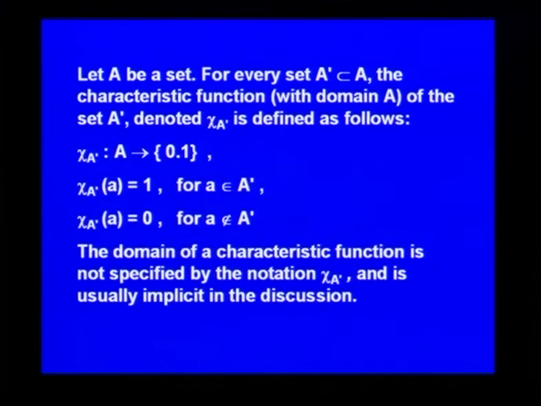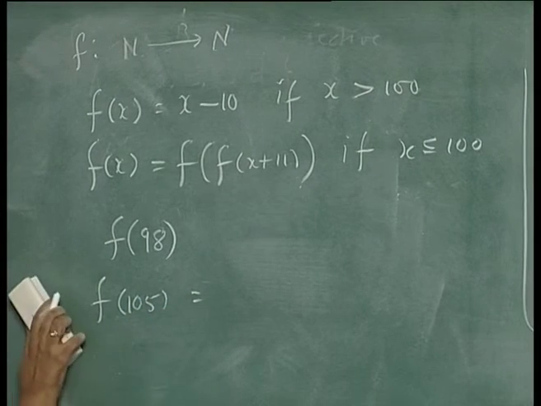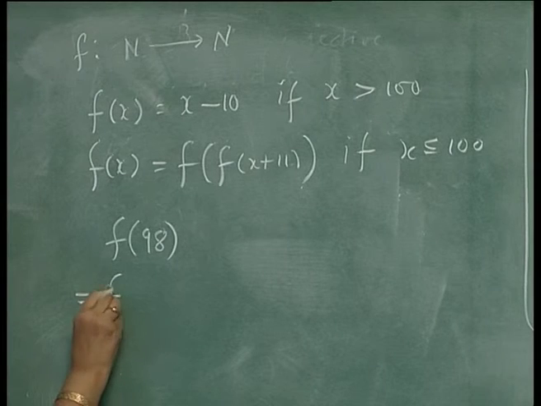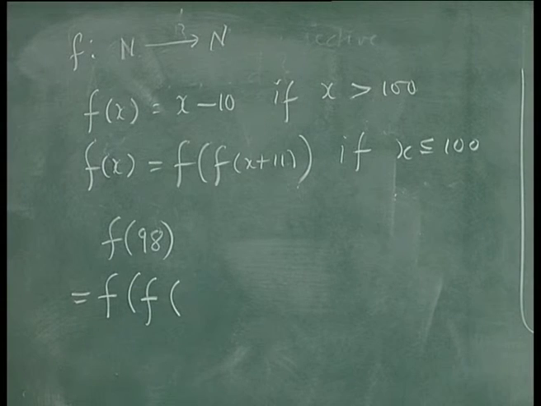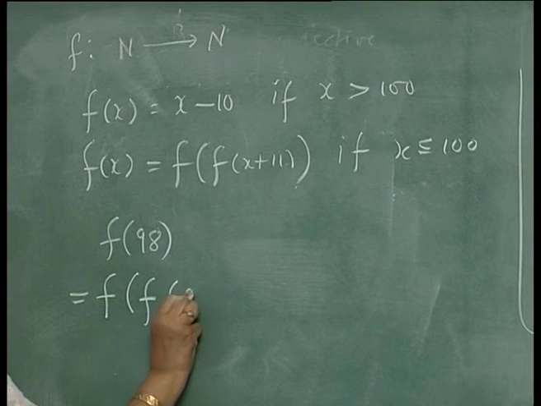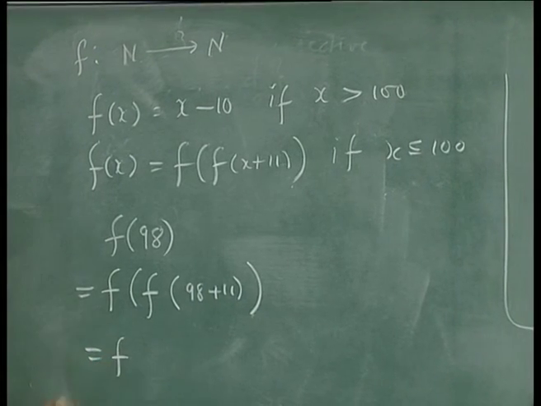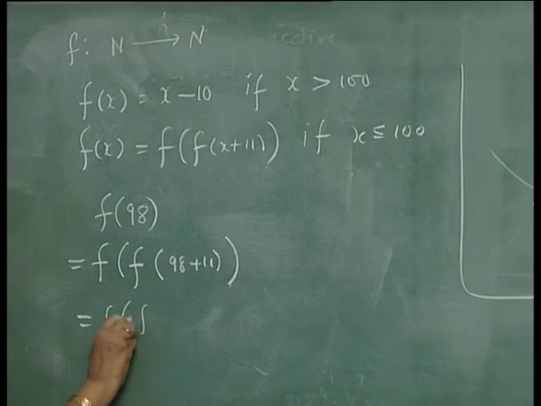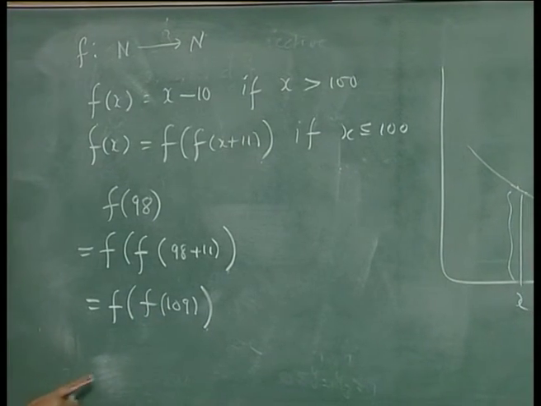If you have say f of 105, that will be 95 obviously, 101 will be 91. But if you consider 98, how will you calculate this? f of x plus 11, 98 plus 11, that will be f of f of 109, but this is greater than 100.